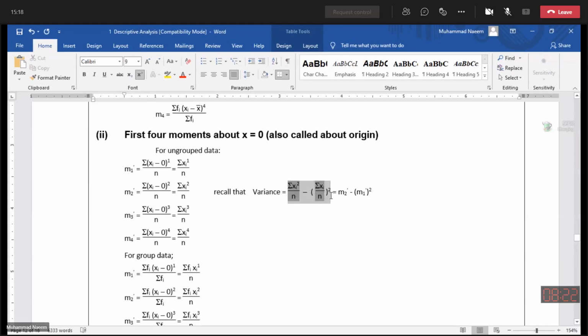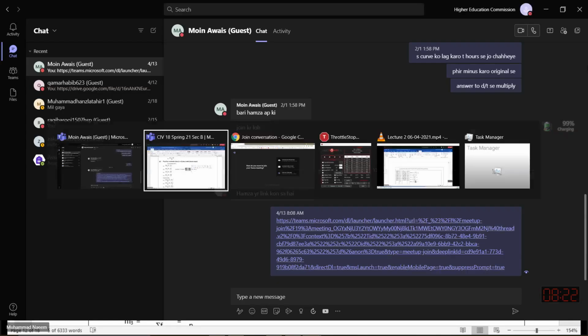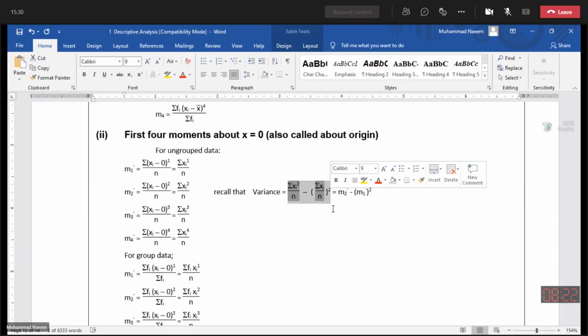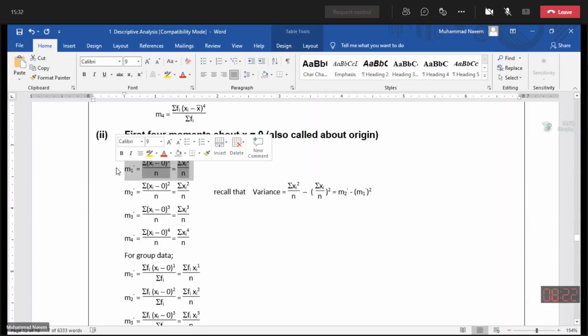This one is exactly the definition of the variance, but this one is an alternative formula. And also look at the first moment about origin. That is just the definition of the mean value.